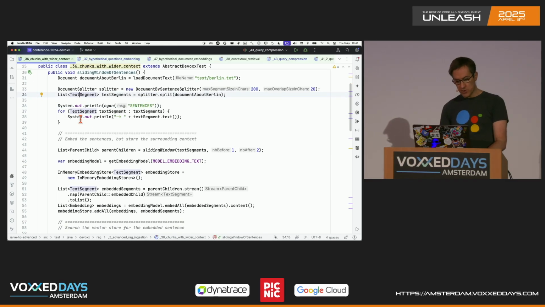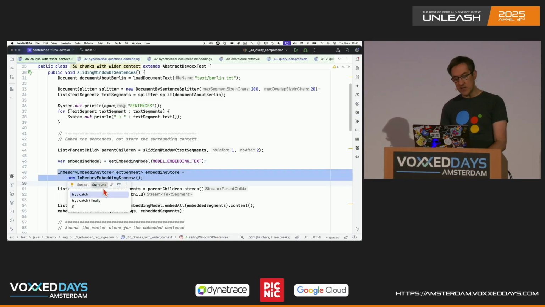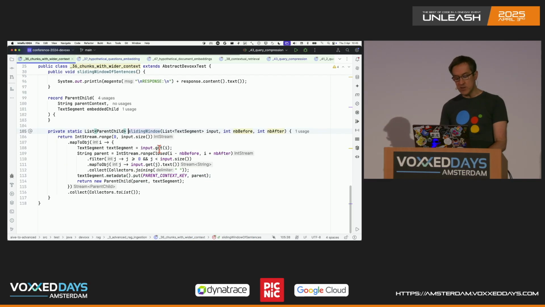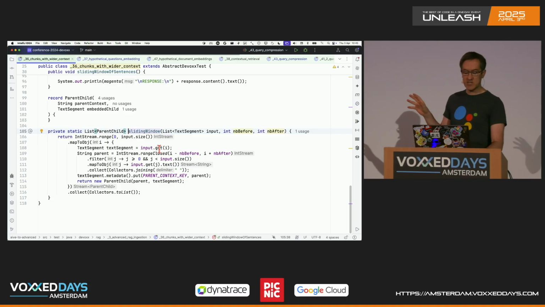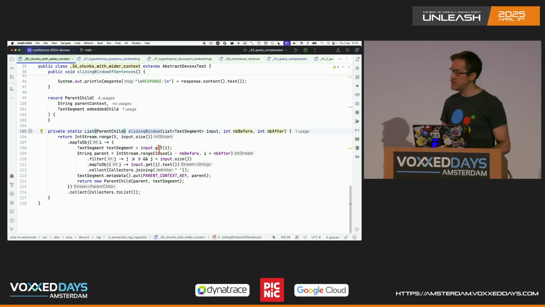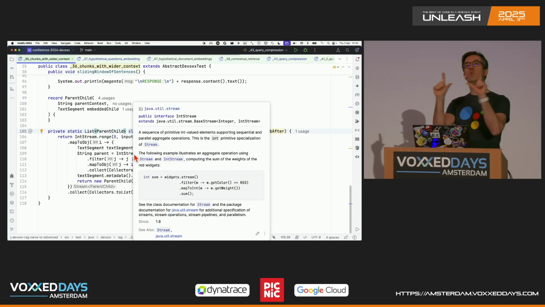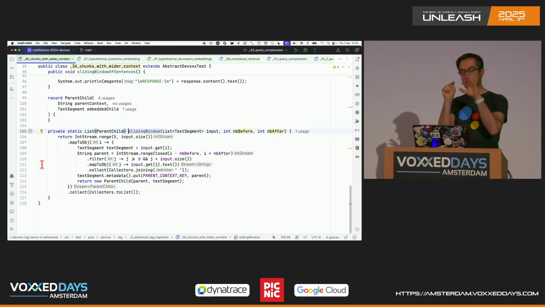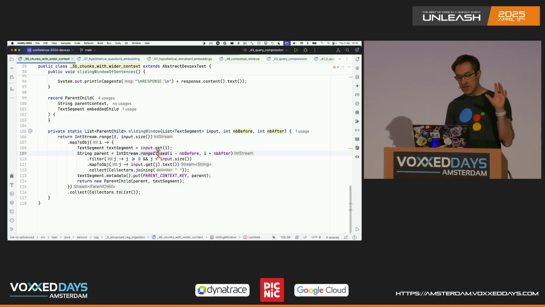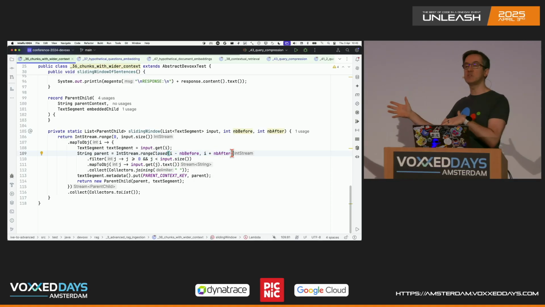So I won't show you everything here, but notice this little function that I added before creating the embedding, storing in memory, etc. I've got this sliding window function. So it's a little bit of Java Stream magic here. Well, not very magic, but I'm creating the sliding window of sentences. So I look at a particular sentence, but then I'm also adding a certain number of sentences before and a certain number of sentences after.